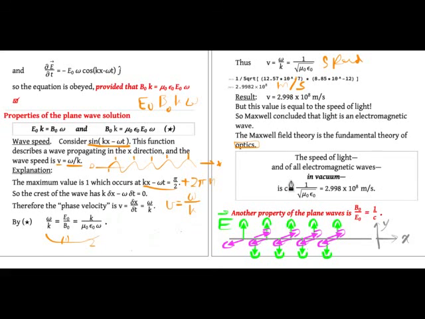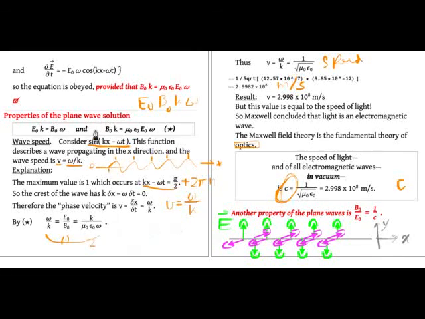And in physics, we call that speed c. So everywhere in the rest of the semester, the quantity c will mean 2.998 times 10 to the 8 meters per second. And it's equal to 1 over the square root of mu 0 epsilon 0.